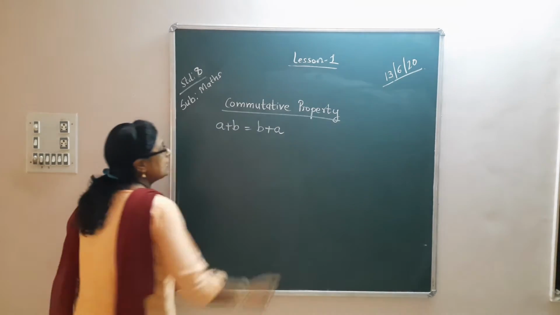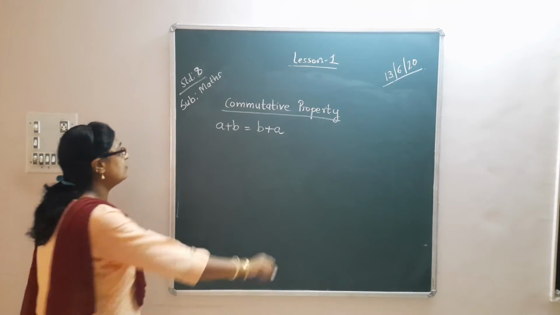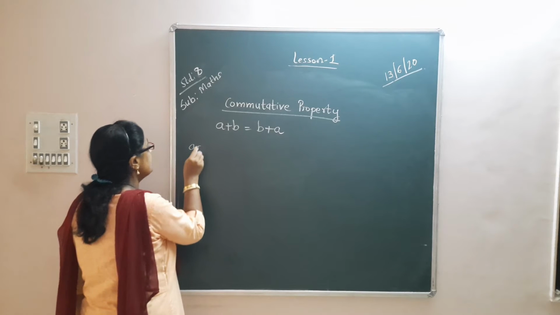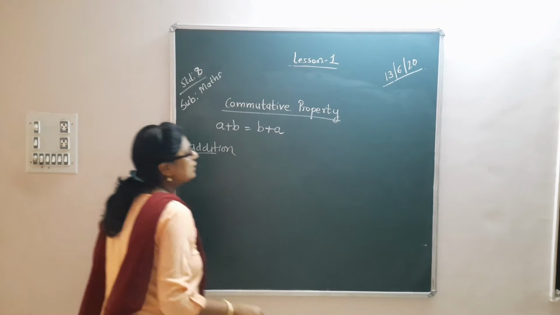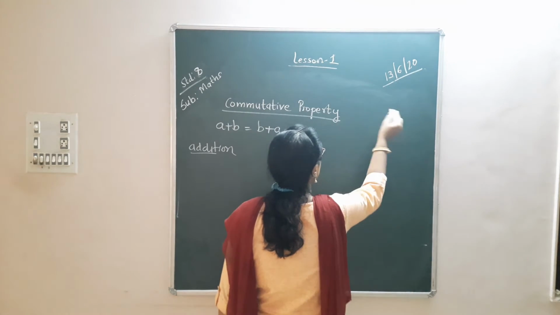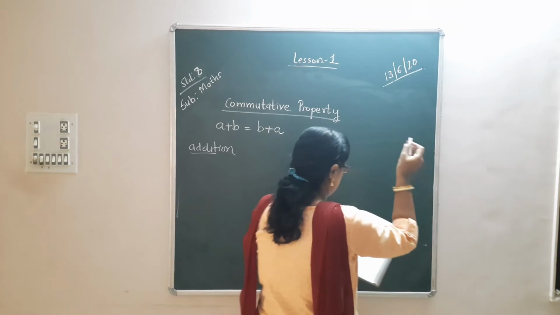A plus B is equal to B plus A. Fine. So suppose if I start with addition. Now we are saying commutative property for whole numbers.